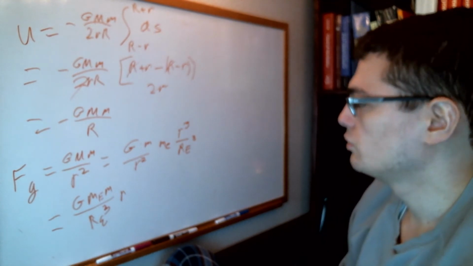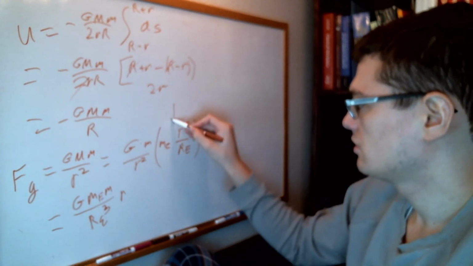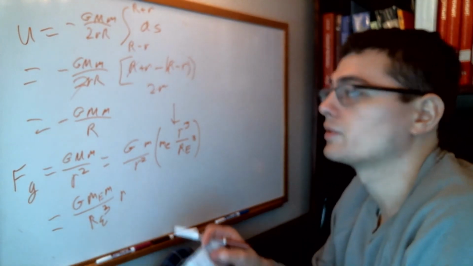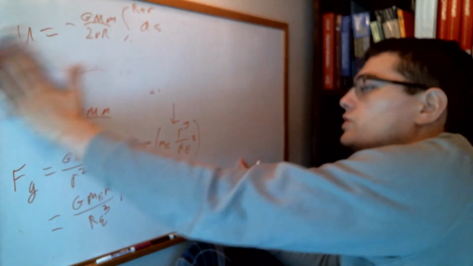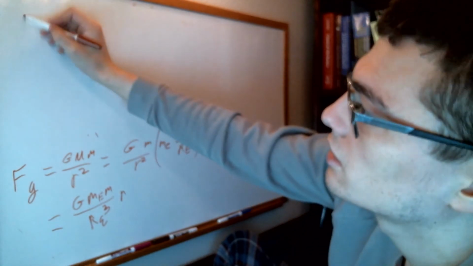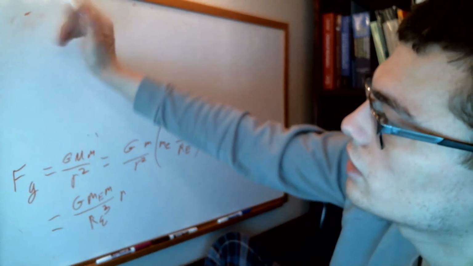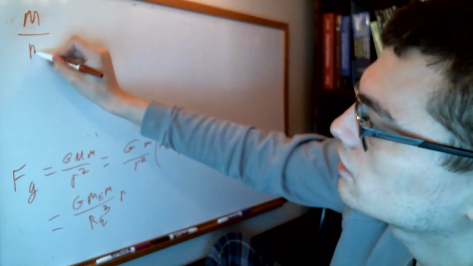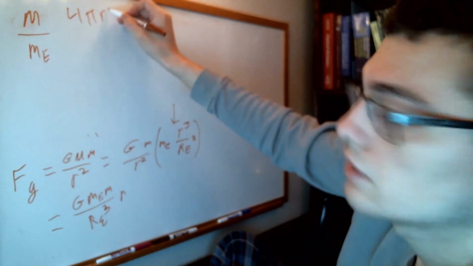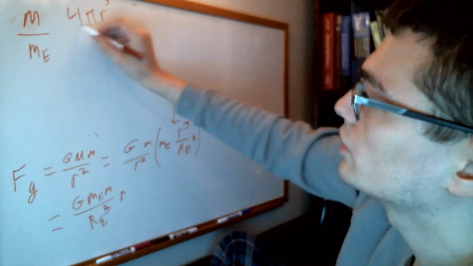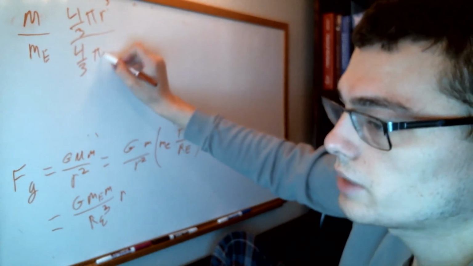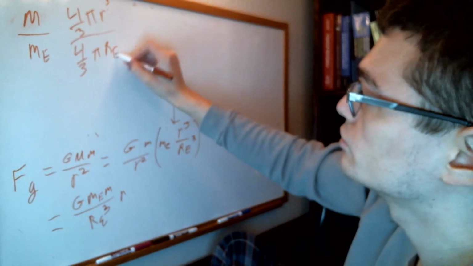And we obtain this here by doing something similar to what we did before to find what dm was, by saying that the overall mass m divided by the mass of the Earth would be 4/3 pi r cubed over 4/3 pi r_e cubed.